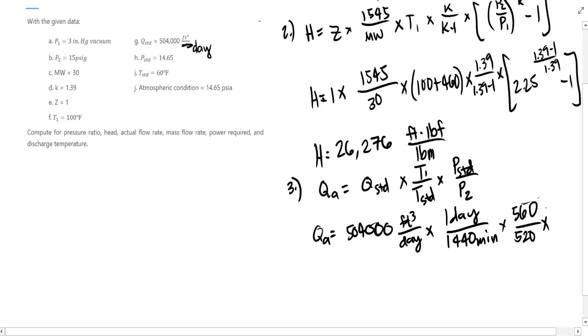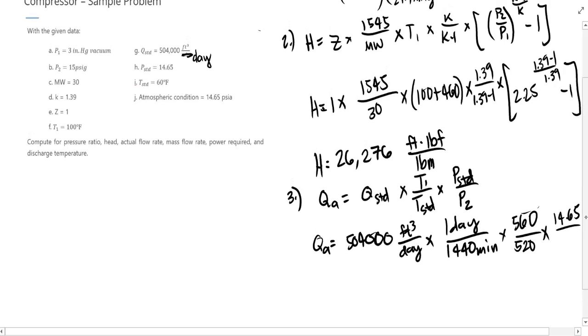So, 14.65. All over the discharge pressure, which is sorry, hindi to P2. Dapat ano yan, P1. P1 yan.